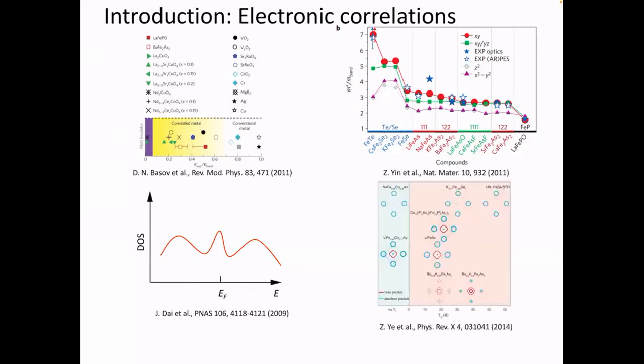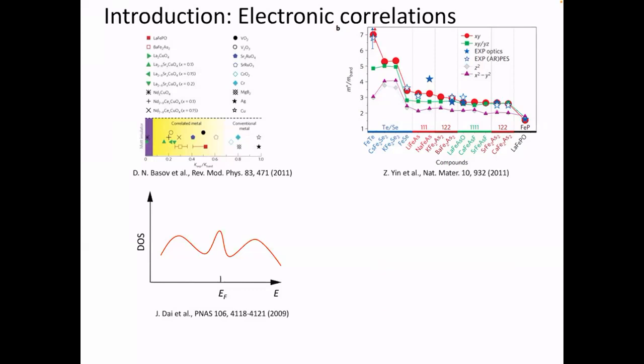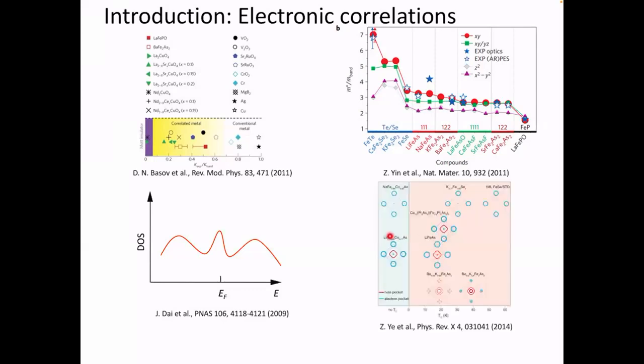With regards to superconductivity, there's a very interesting, rather comprehensive study which looked at the Fermi surface and the superconducting transition temperatures of various iron-based superconductors. The finding is that for systems with very similar electronic structure, the Tc can be dramatically different, or for systems with very similar Tc, the Fermi surface can be dramatically different.